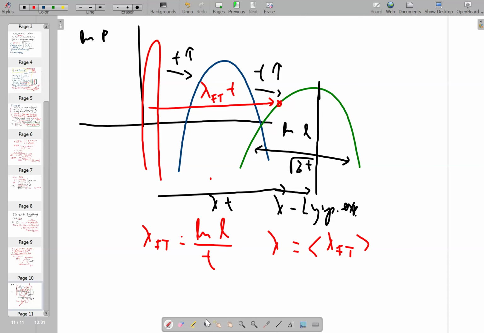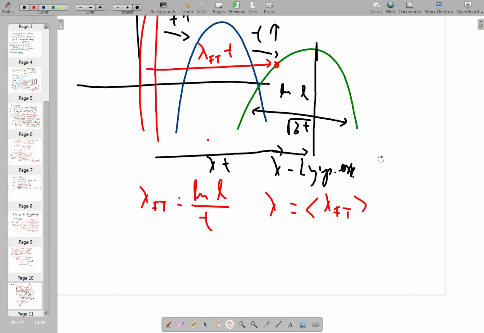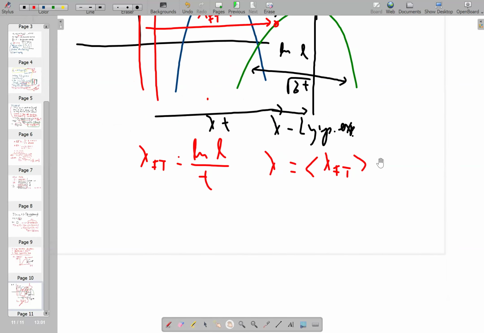We need to take the difference between the finite time Lyapunov exponent and the average value. Finite time minus lambda, which is the Lyapunov exponent.